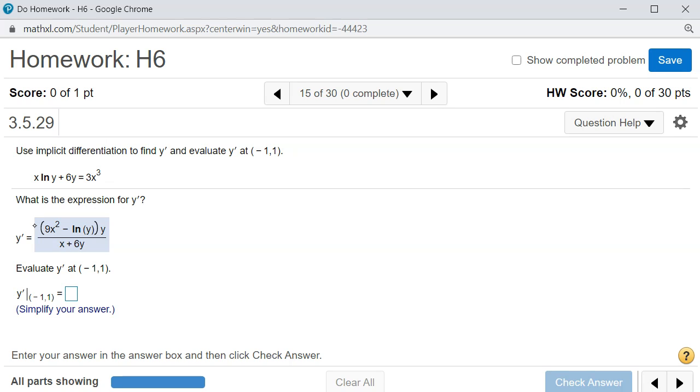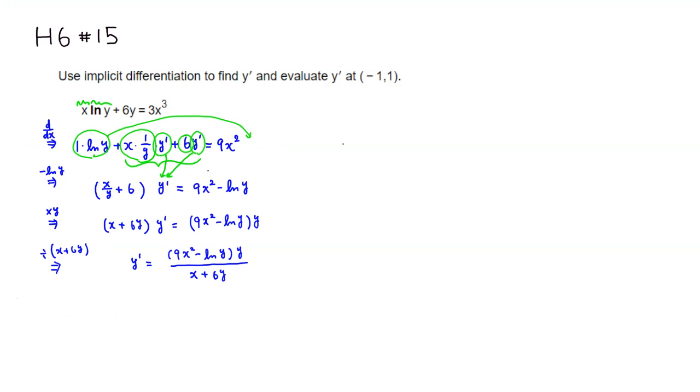Then we just have to evaluate this at negative 1, comma 1. So you have y prime at negative 1, comma 1. The x value is negative 1 and the y value is 1.